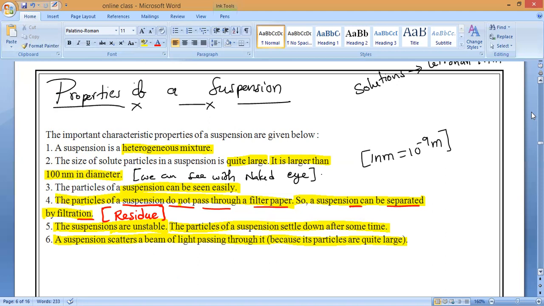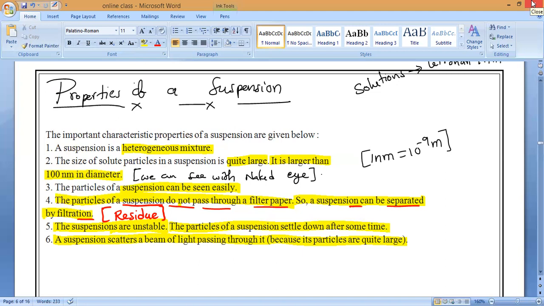Are you clear? Please make sure all the 6 properties are done. If it is completed, with this we'll stop. Hope you all understand. Then from here we'll continue in the next class.